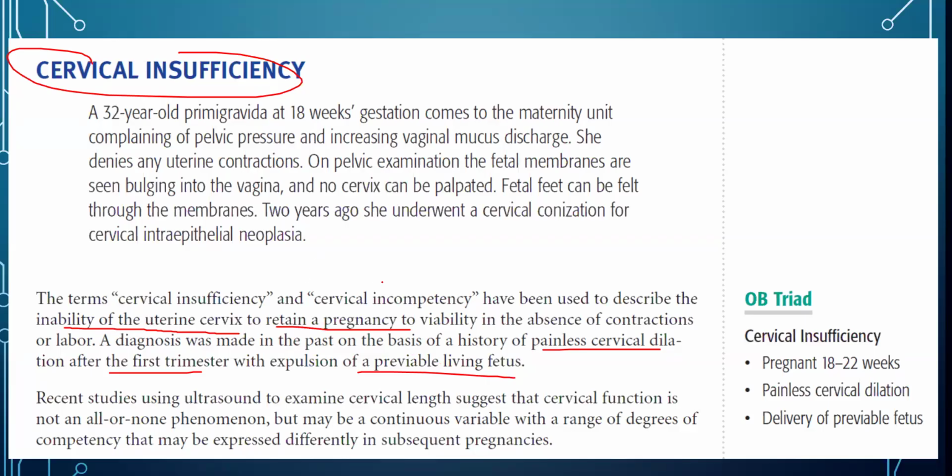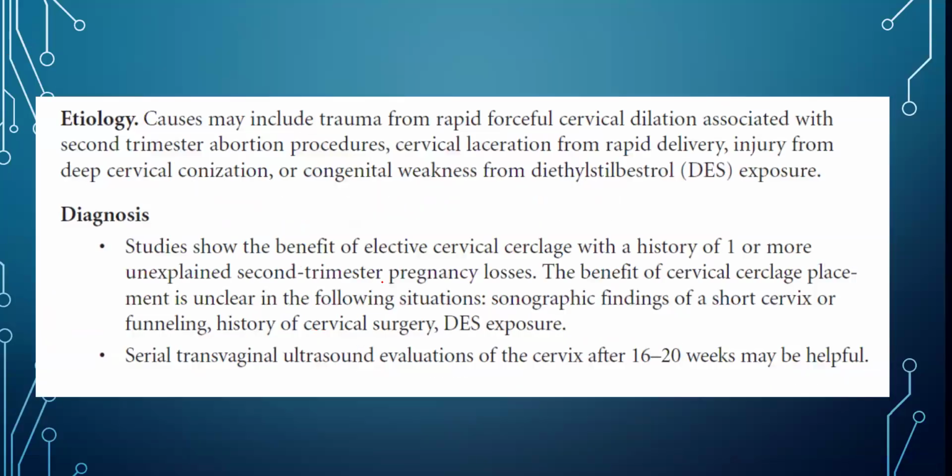The only way to diagnose this is to do an ultrasound. If you do an ultrasound in the second trimester and it shows that the cervix is weak, that will give you the diagnosis. And also if you get frequent second trimester pregnancy loss, you would also consider the possibility of cervical incompetence.